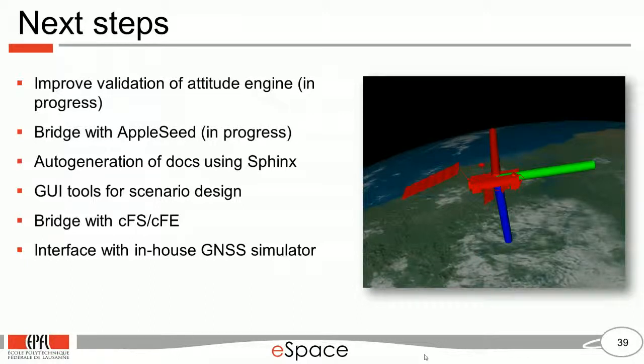And as far as I remember from last year's presentation, there is already a bridge between cFE, cFS, and ROS, so it's something we want to look into. And finally, linking the simulator with a GPS GNSS simulator to allow us to broadcast GPS messages.